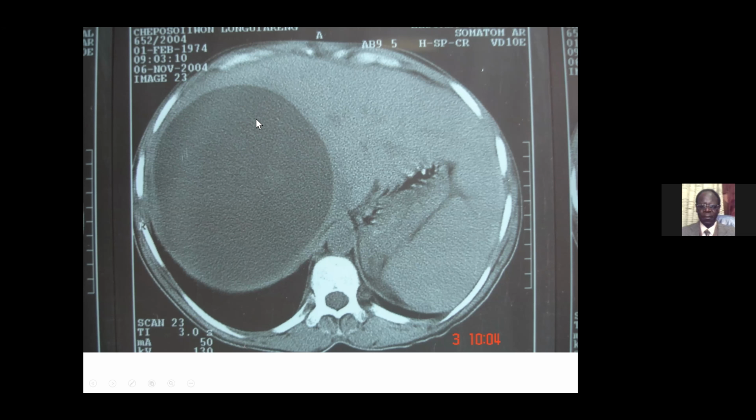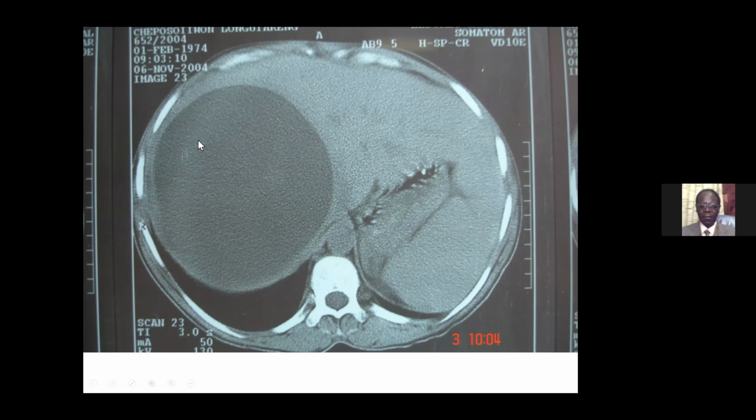In the lung, we saw the water lily sign. We saw a cystic hypodense lesion with an air fluid level, but the air fluid level was not straight. It was wrinkled, such as we see on a water lily.